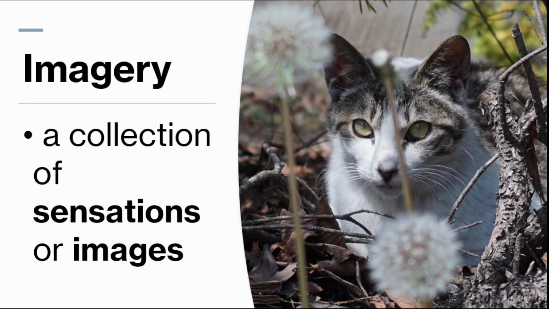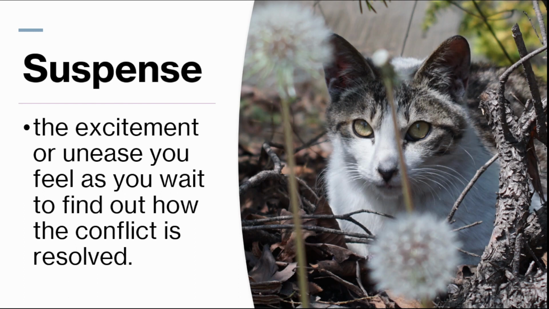And then imagery is a collection of sensations or images. Okay? So image, it's like one thing, just one thing. Imagery, many things together. All of these things can lead us to feel things, or they can be used to create suspense. Bless you. They can be used to create suspense.